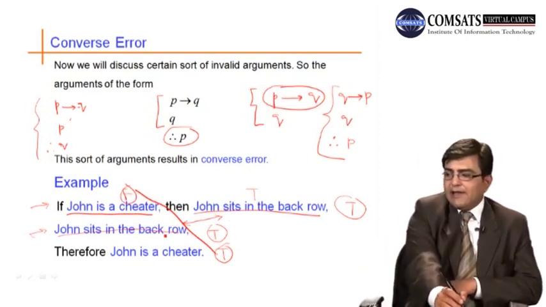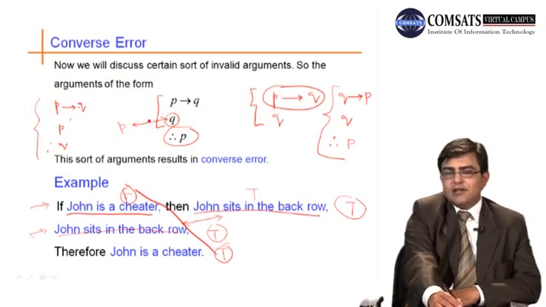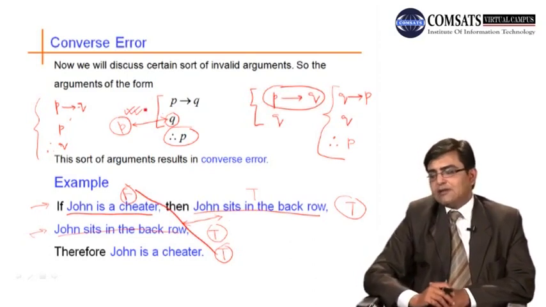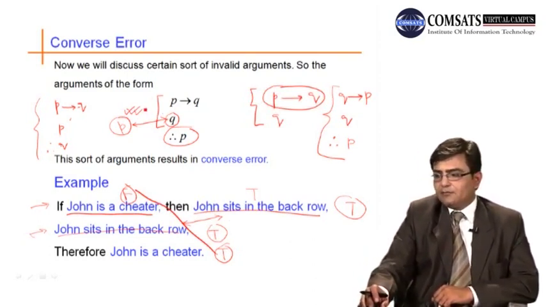So don't replace P here by Q. Basically, sometimes people write Q in place of P. Here in modus ponens we have P, remember it. So don't commit such errors in argument forms.